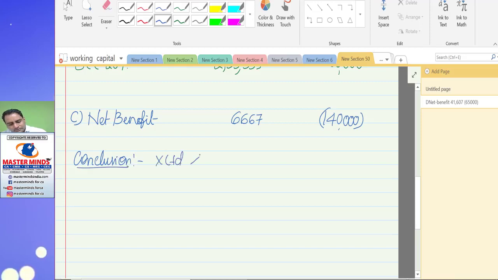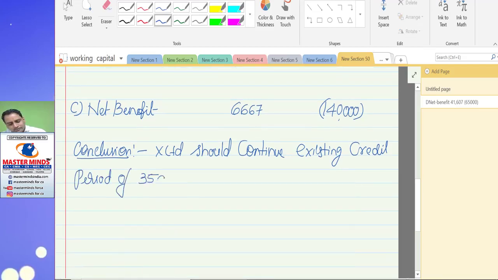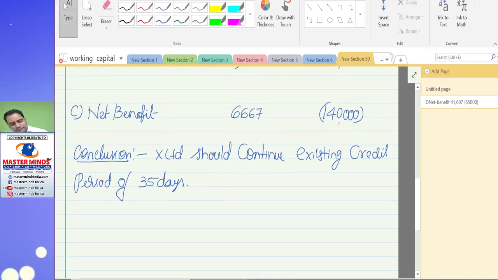Axle Limited should continue the existing credit period of 35 days, since net benefit is higher.